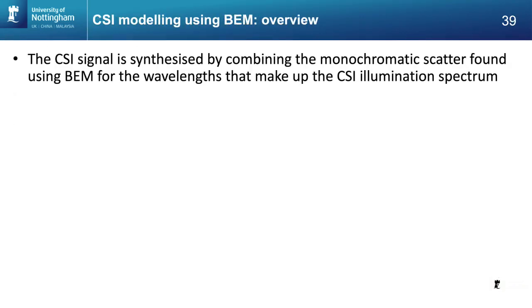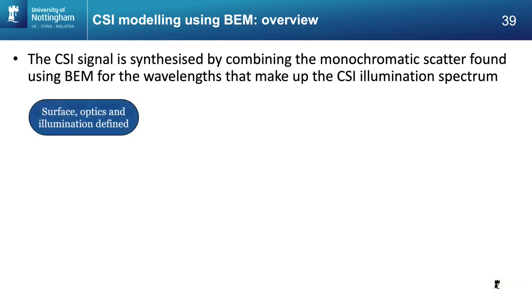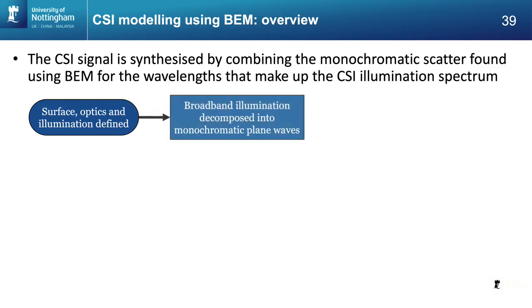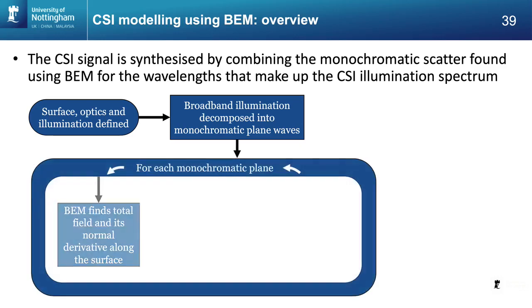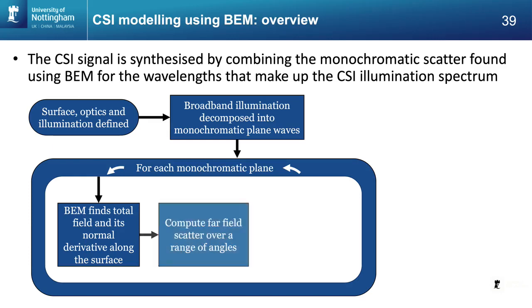So what we do with the interferometer is that the CSR signal is basically synthesized by combining all the scatter found using the boundary element method for the wavelengths that make up the illumination spectrum. We take the surface optics and illumination and define them, and we can measure those for the given instrument. Broadband illumination is then decomposed into a bunch of monochromatic plane waves, and then for each wave we use the BEM, the boundary element method, to find the total field and its normal derivative along the surface.